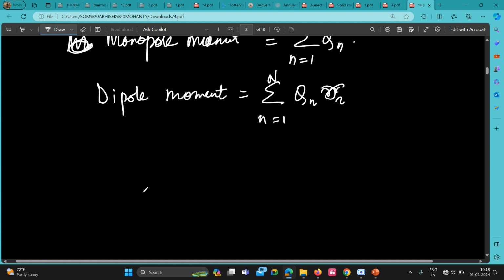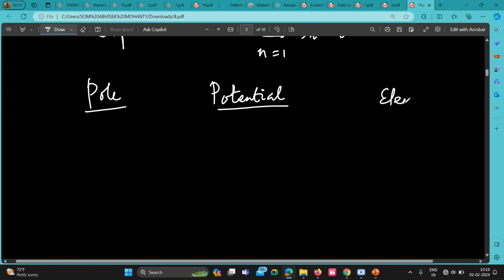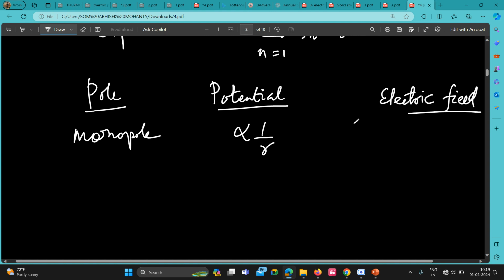Suppose there are some poles, and we write the potential and the electric field, and we write the dependence. For a monopole, the potential is inversely proportional to R and the field is inversely proportional to R square. Dipole will go on like this, then quadrupole.